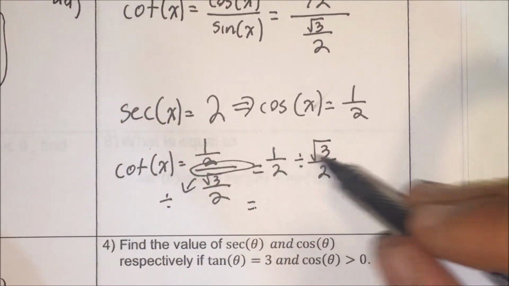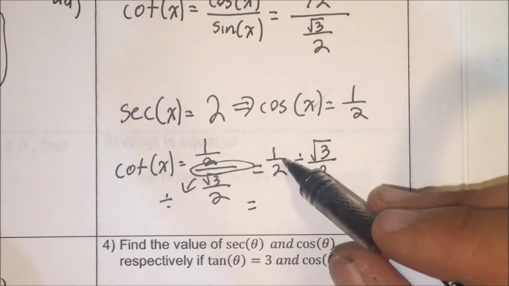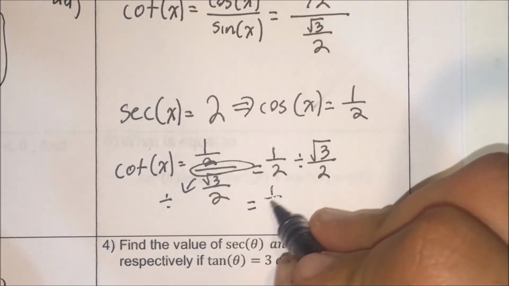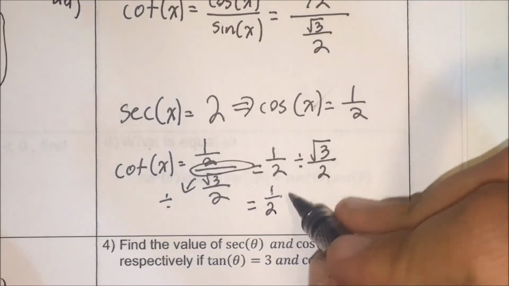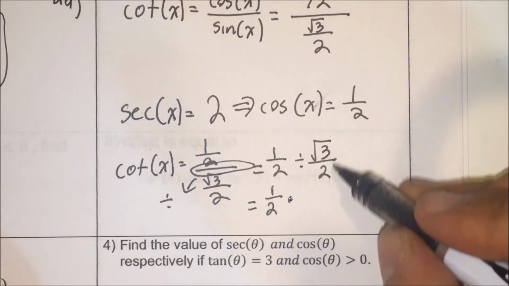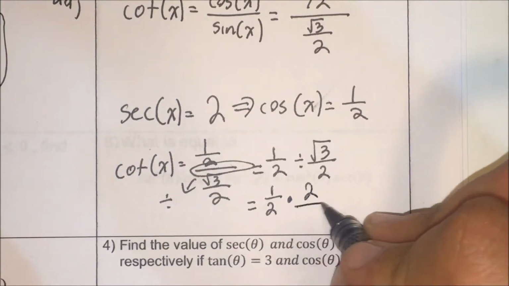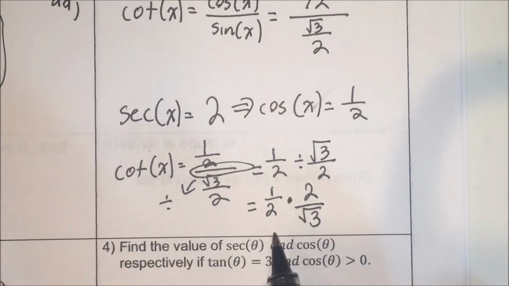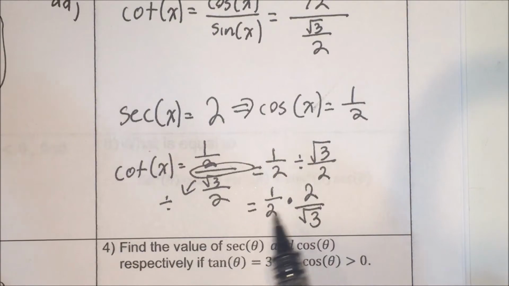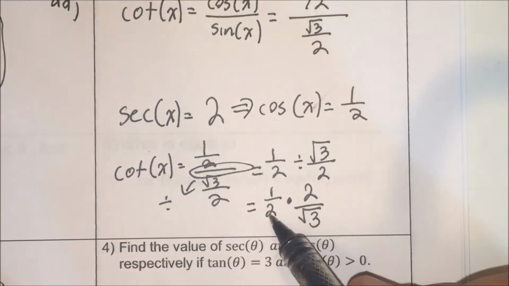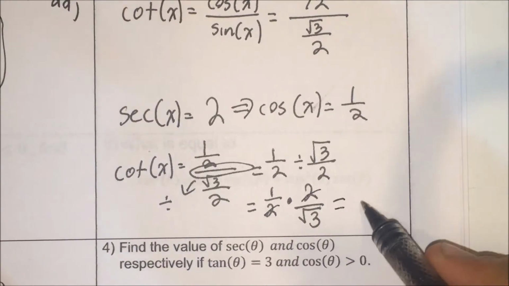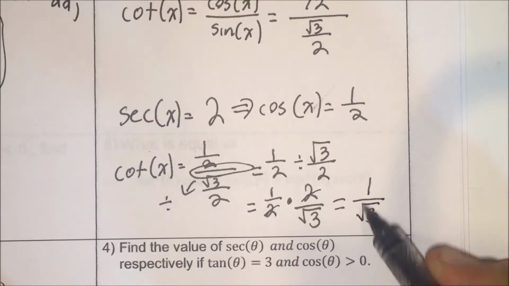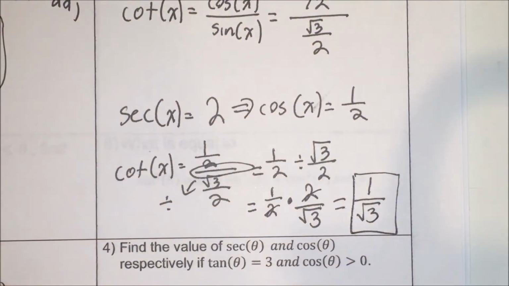Then we do our little trick when dividing fractions: we keep the first 1/2, change the division to a multiplication, and flip the square root of 3 over 2 to 2 over the square root of 3. So we're multiplying 1/2 times 2 over the square root of 3. The 2 in the denominator and the 2 in the numerator cancel, and we end up with 1 over the square root of 3 as our answer. That's what cotangent is.